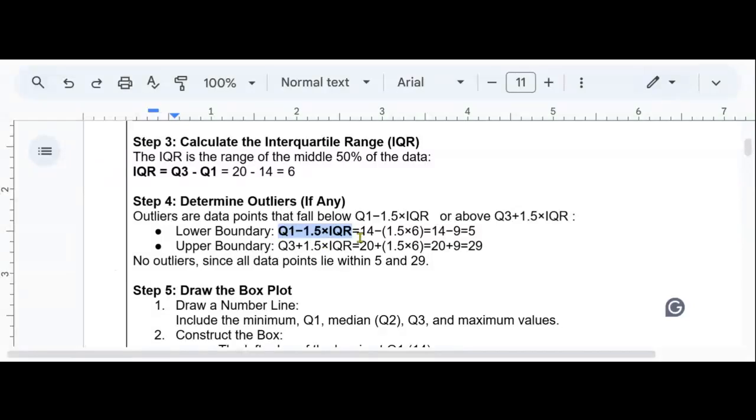Okay? So what's quartile 1? Quartile 1 is 14. Well, quartile 2. How come I put that here? Yeah, I made a mistake over there on the board.